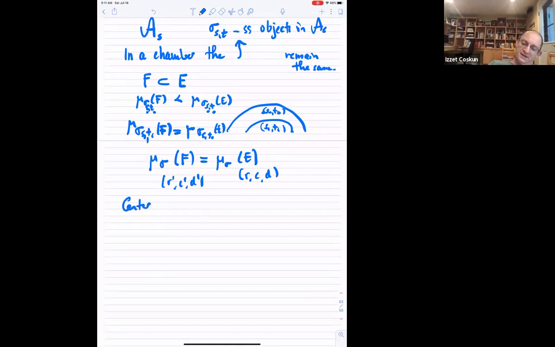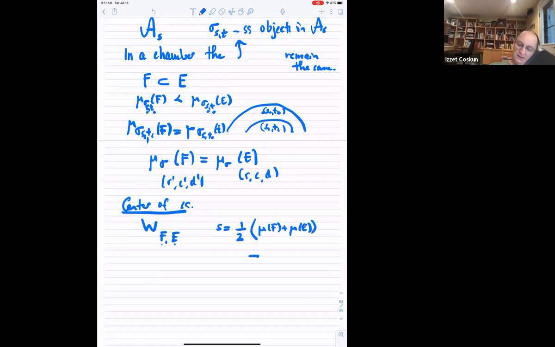If the wall is given by objects F and E where the slopes of F and E are equal, then the center is at S equals one half of (mu of F plus mu of E), I think then minus delta of F minus delta of E, divided by mu of F minus mu of E, I think.